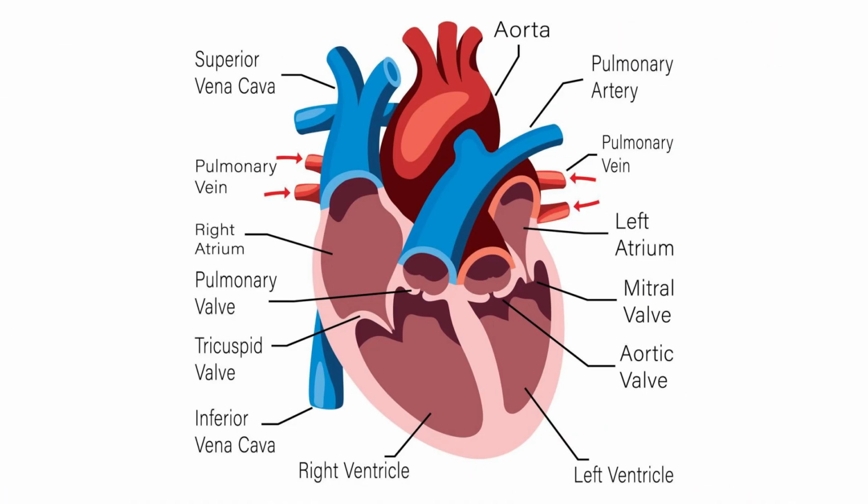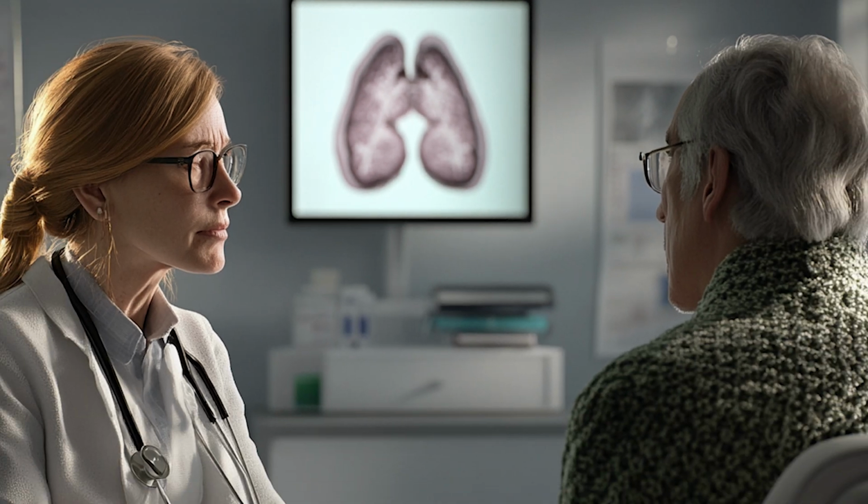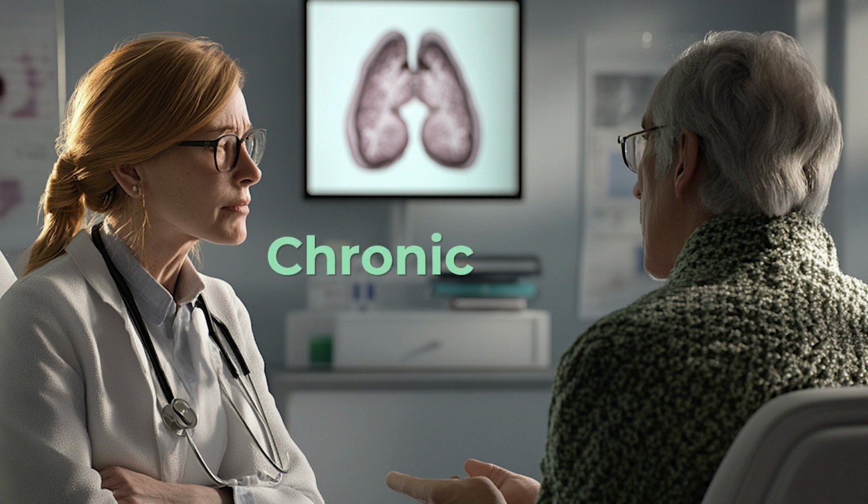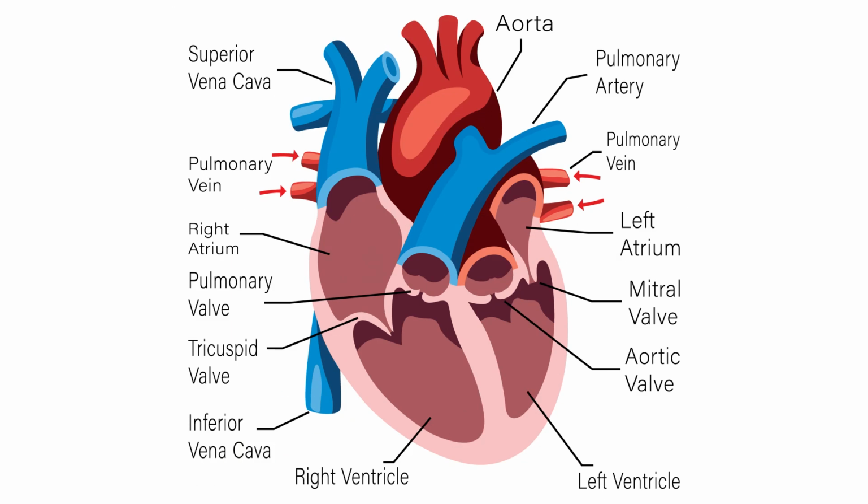It goes from the pulmonary artery all the way back to the right ventricle. When you have patients with chronic pulmonary hypertension, you have constant backflow of blood into the right ventricle.